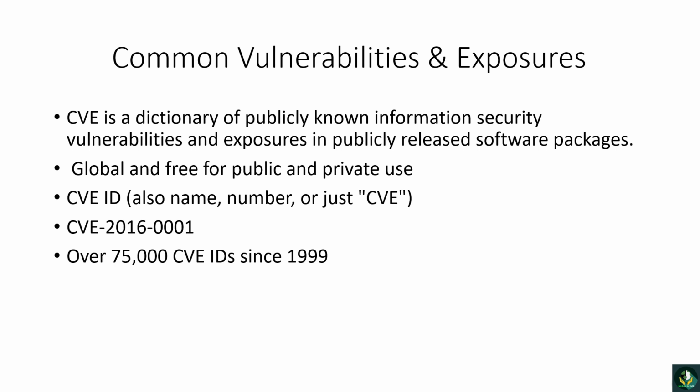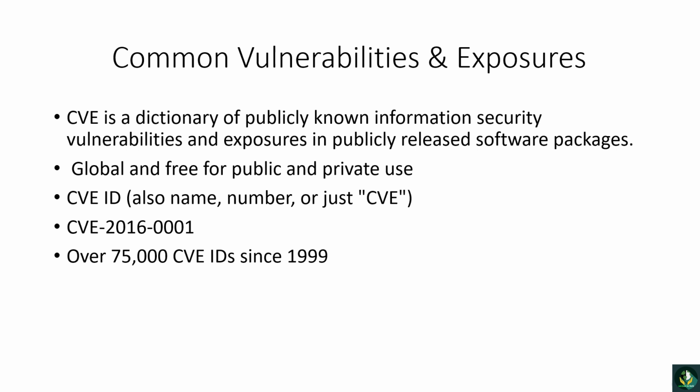The CVE dictionary is freely available online for worldwide use. The CVE uses a uniform identification and description system to maintain consistent reporting of the information. Each vulnerability added to the CVE dictionary is assigned a CVE ID, and these IDs are called CVE names, CVE numbers or just CVE.